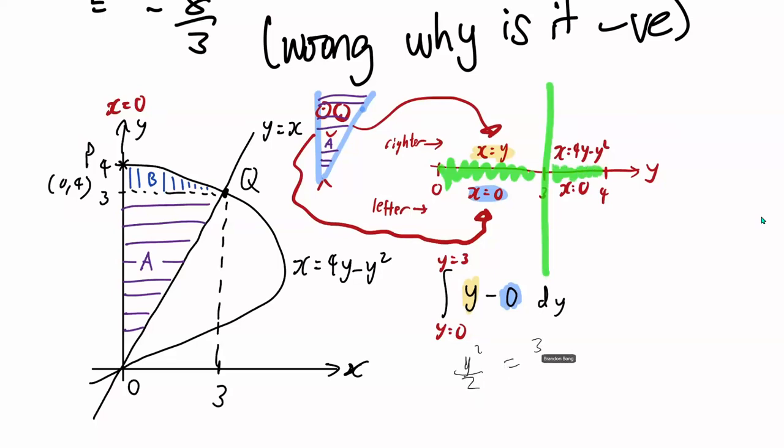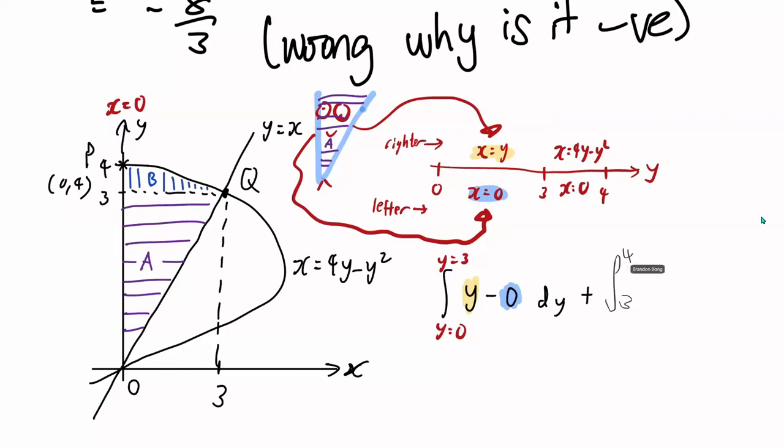Then another region here. So what do you need to do now to find the total area? This is only region A. You still need to plus the integral from 3 to 4, then minus 2. Okay, very good. Exactly.